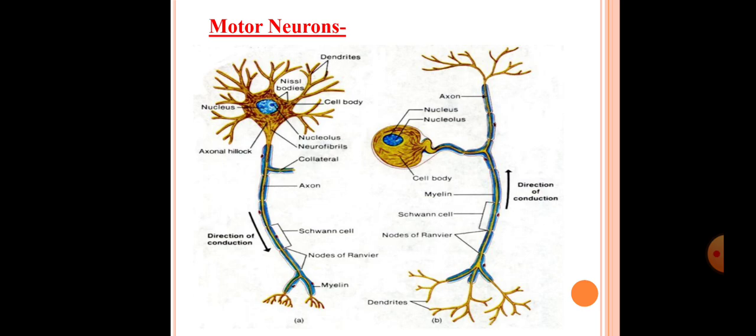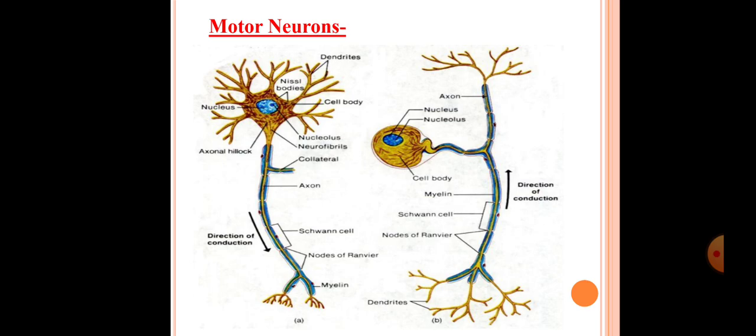In this diagram we see the neuron is divided into three parts: dendrites, cell body and axon. First of all we discuss the dendrites. Dendrites, these branch-like extensions, are the beginning part of the neuron that help in receiving signals and transmit them to the cell body of the neuron.